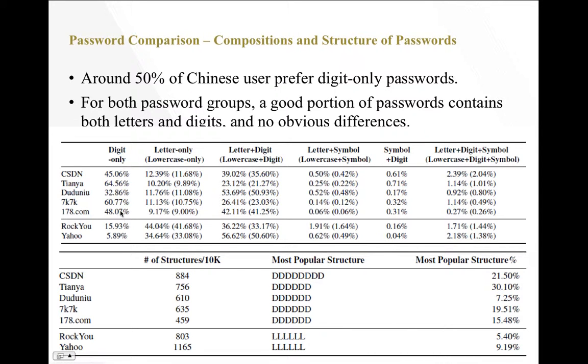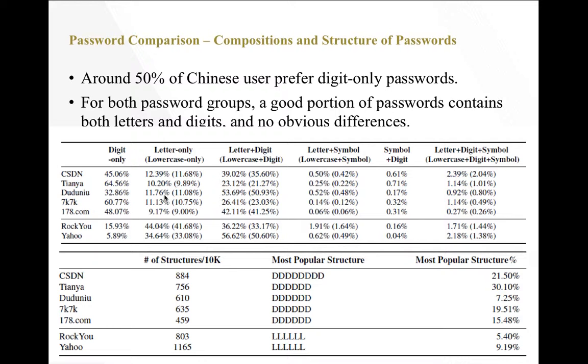In the first column of this table, we can see Chinese web passwords have roughly 30 to 50% digits-only passwords, while for English passwords, it's only about 15%.